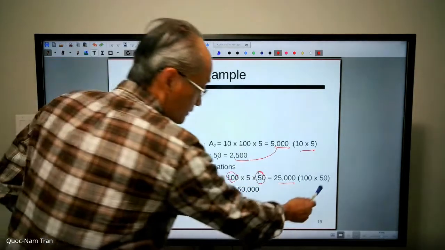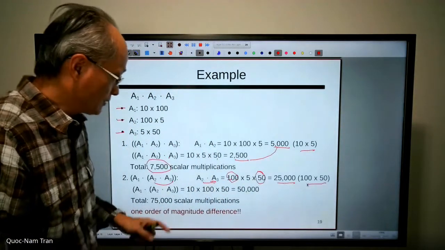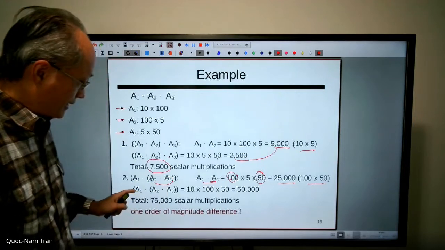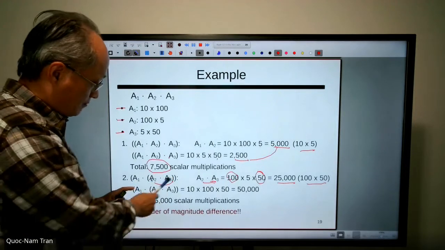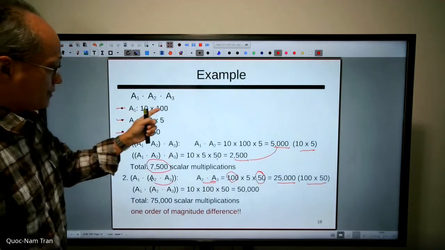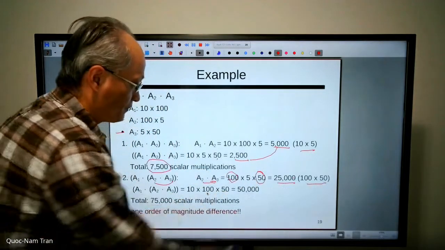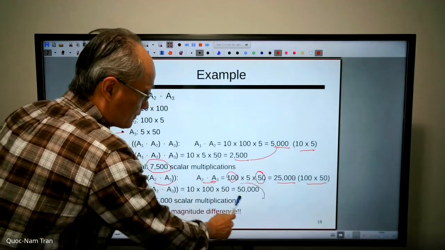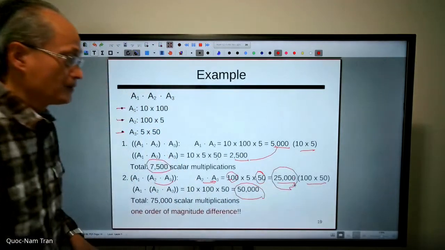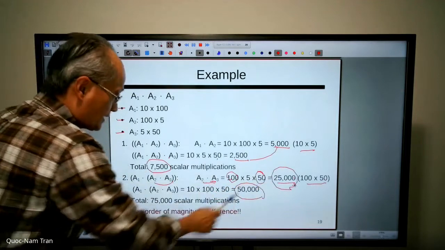So here is the size of the matrix after we multiply A2 and A3. Now we multiply A1 with this matrix: 10 by 100 by 50, which is 50,000. So add them up, we have 75,000.